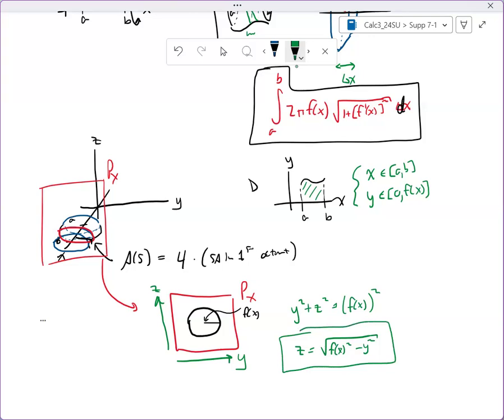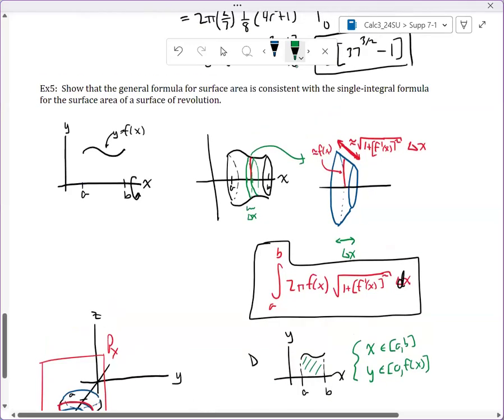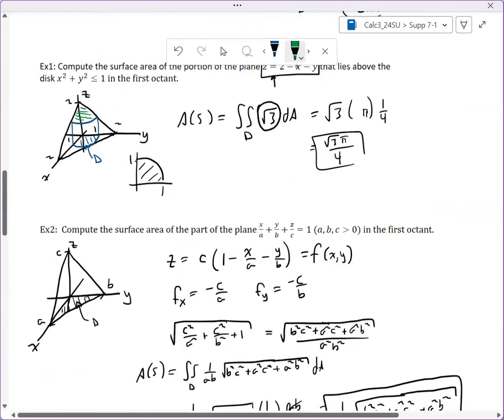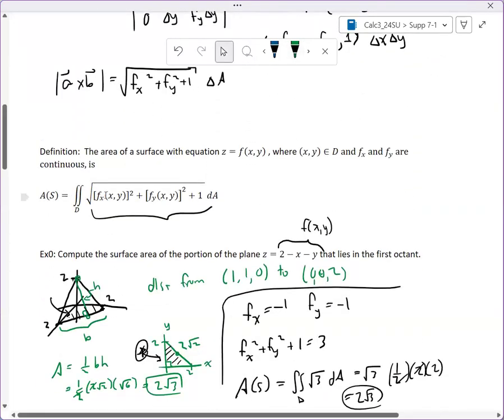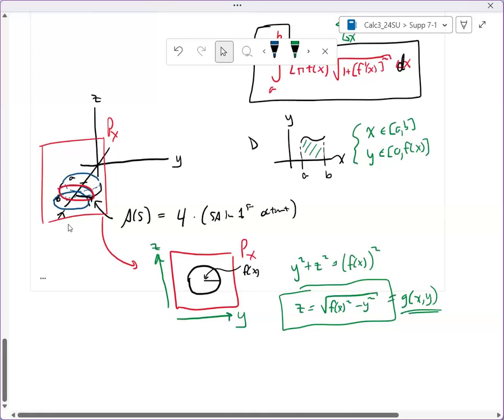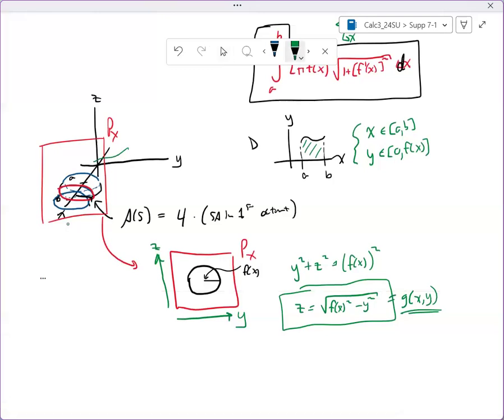This is my quote f of xy, but I'm going to now call it g of xy, since we kind of stole f up here. So the thing that is inside the integrand, that's what we're now calling g. So we're calling this surface z equals g of xy.